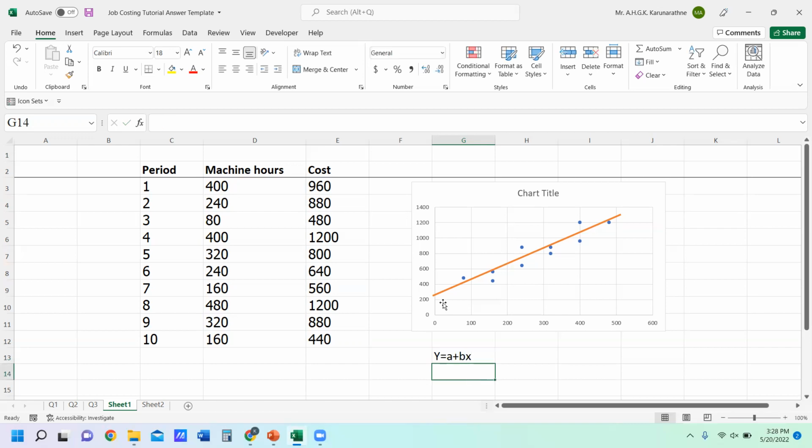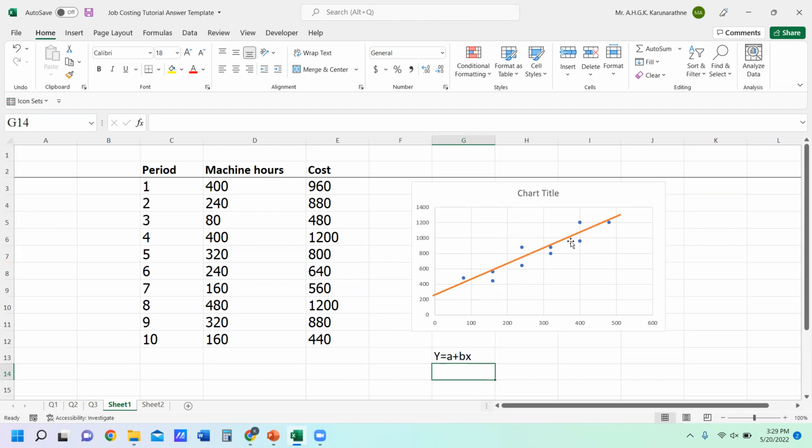Here a is the y-axis intercept, and b represents the slope of this line. You know how to measure the slope of this line.